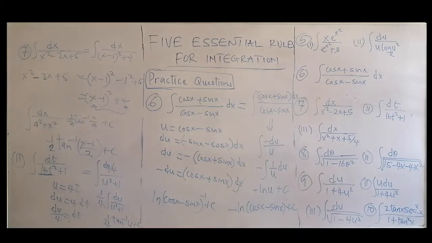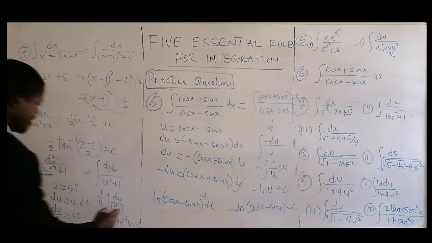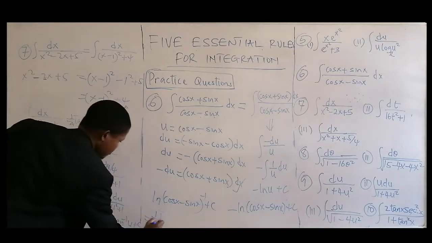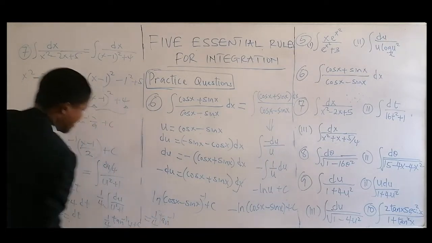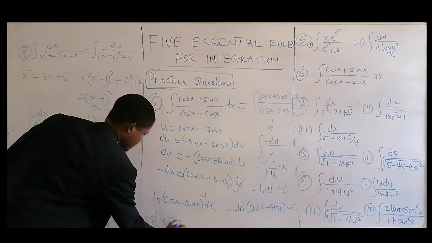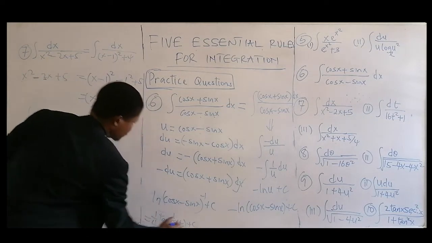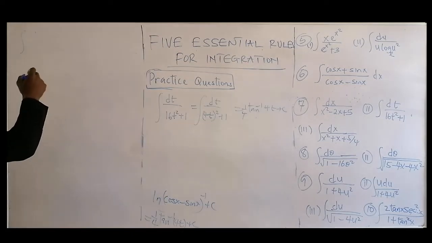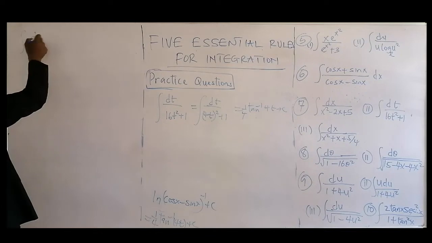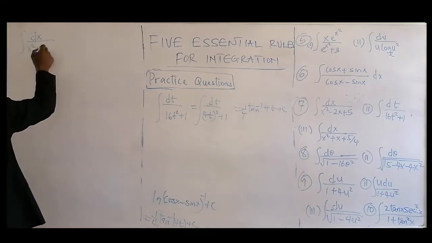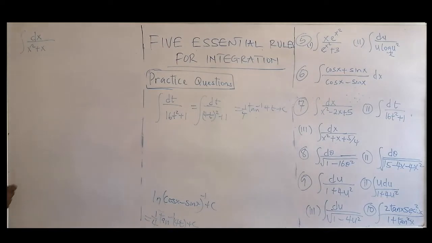So plug back in your u, which will be equal to 1 over 4 arctan of 4t, and then plus c. So that's that on that question.